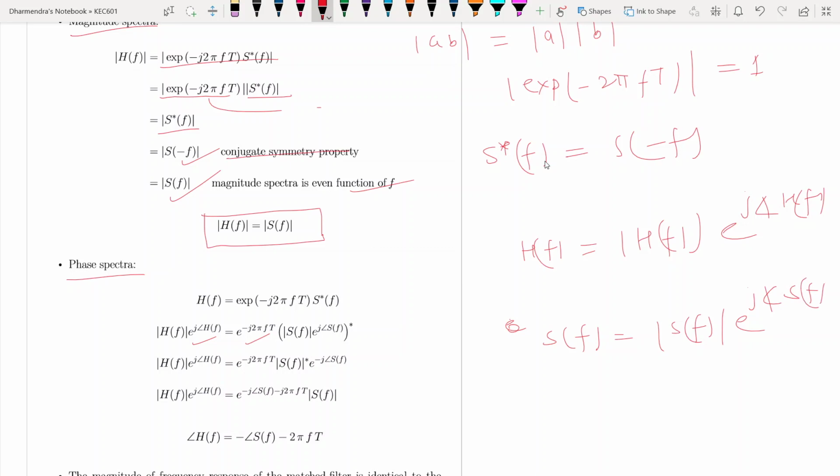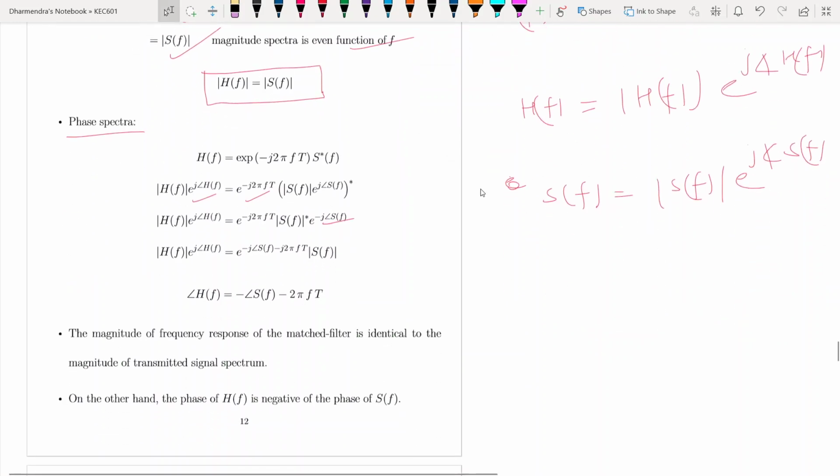The magnitude of S of f is a real quantity, and the conjugate of a real quantity is the same. Due to the conjugate, the complex exponential will have a minus sign. Okay, now I will compare, because H of f will be equal to this, so this will cancel out.